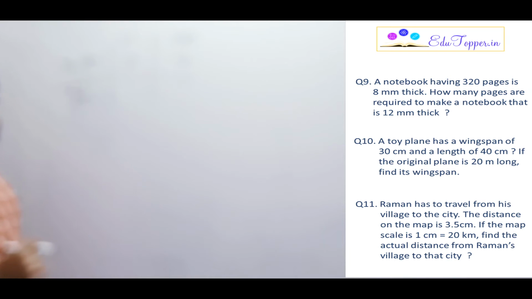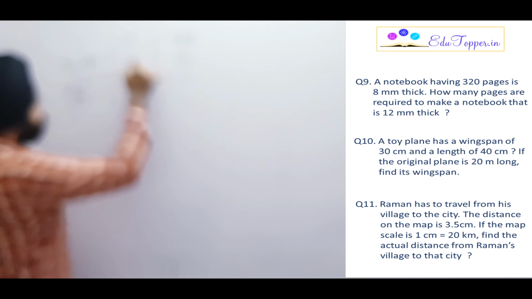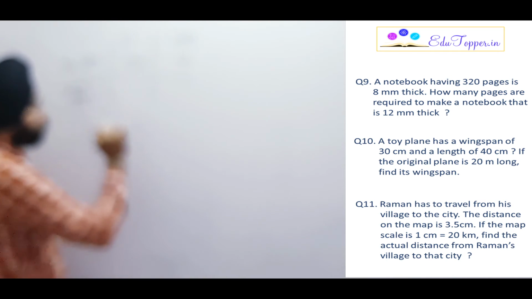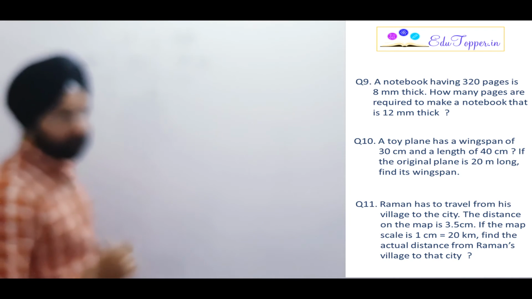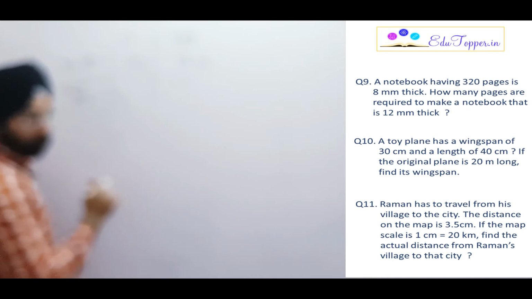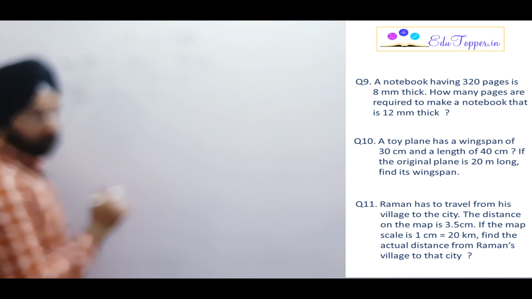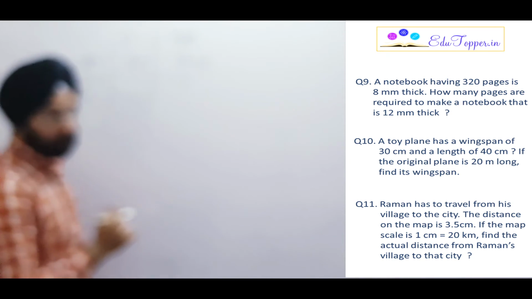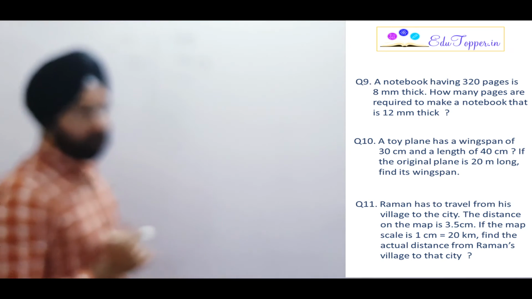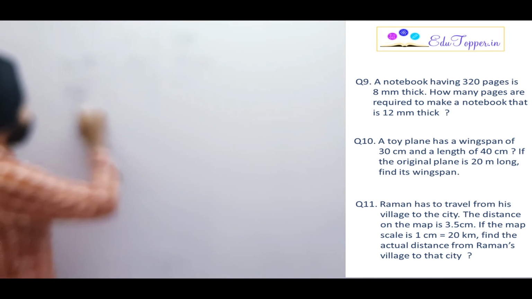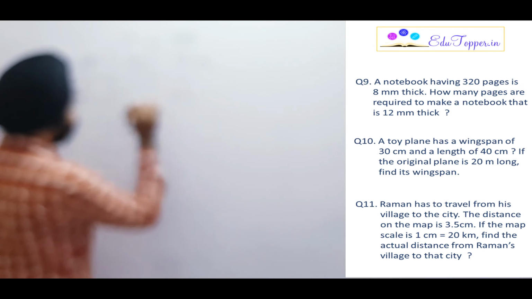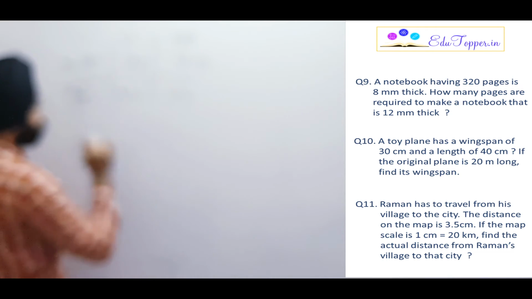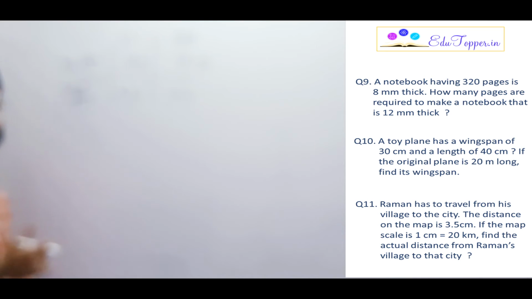The original plane is 20 meters long, right? This is 30 centimeters. This is 40 centimeters. So this is 20 meters and let's suppose the wingspan is x meters.